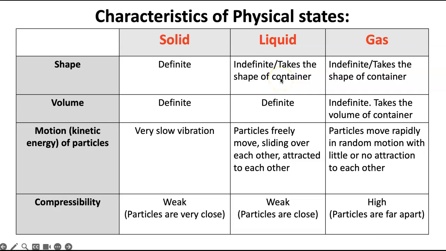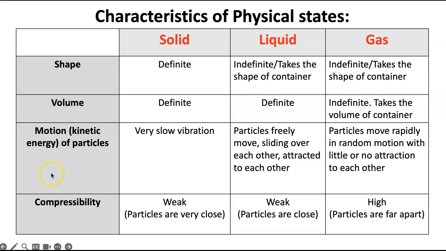In liquid, it only takes a part of the shape of the container, depending on how much you have. Both of these, solid and liquid, have a definite volume, but gas is indefinite because it takes the shape of the container. They are moving around, they just spread out through the entire container.